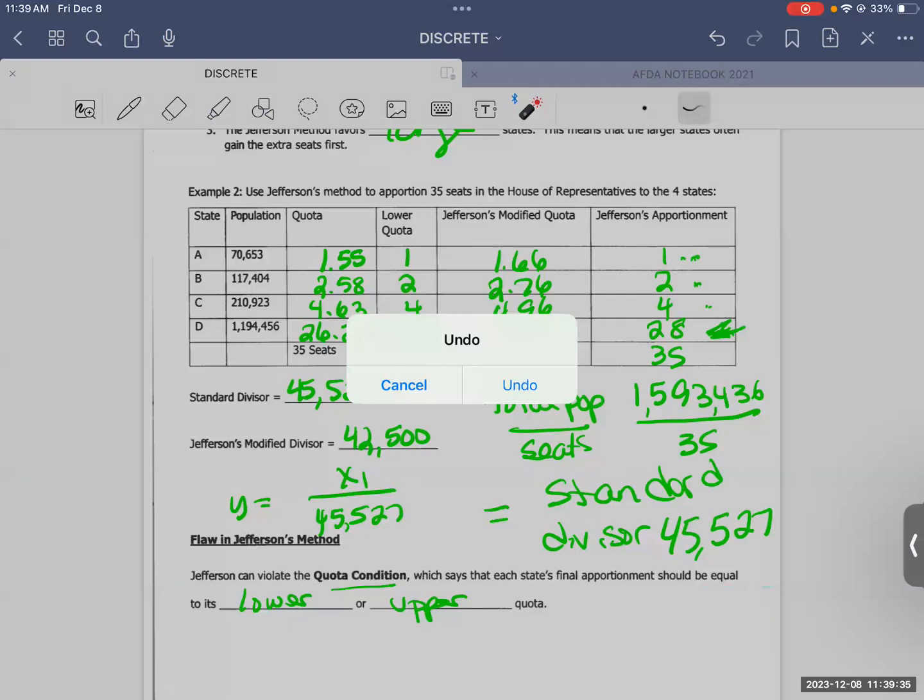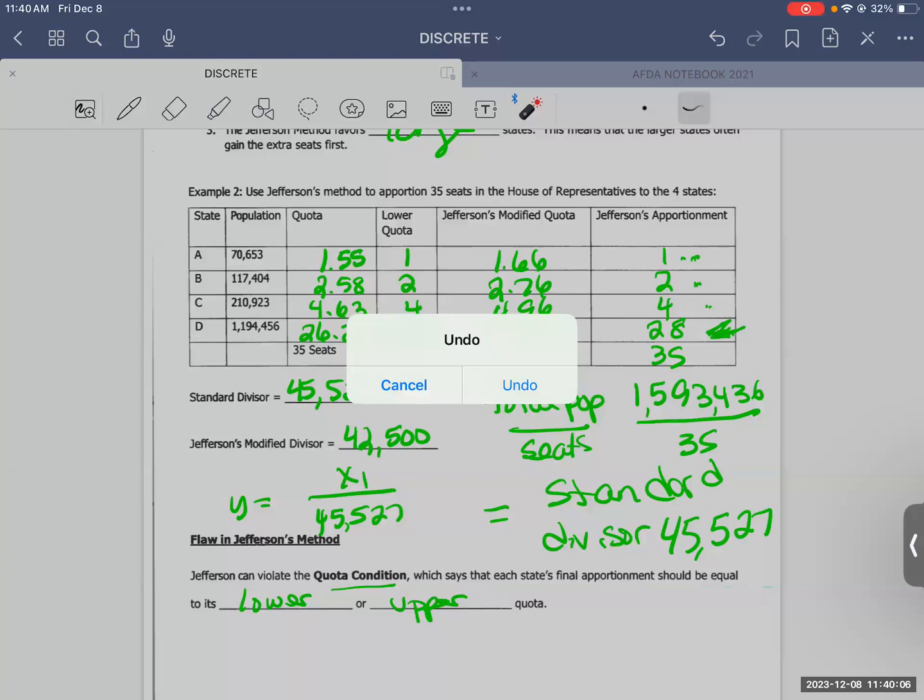Go back to the question again. 124,683 divided by 32,920. Oh, it says type an integer. Whoopsie. 3.